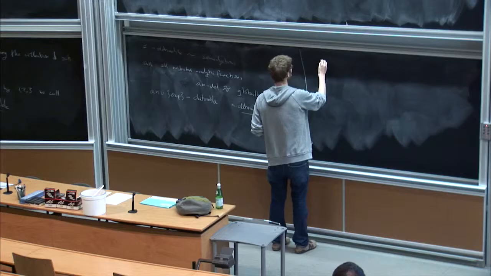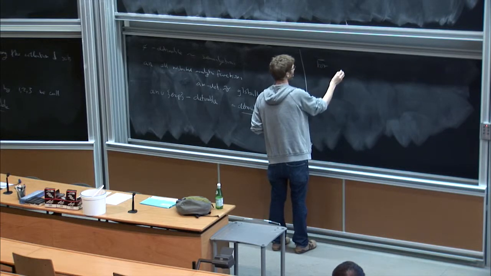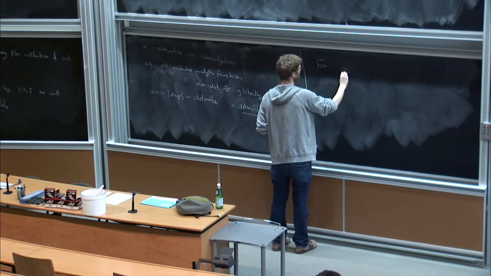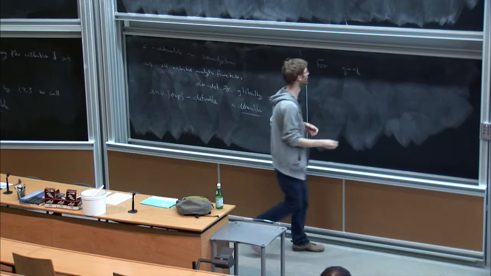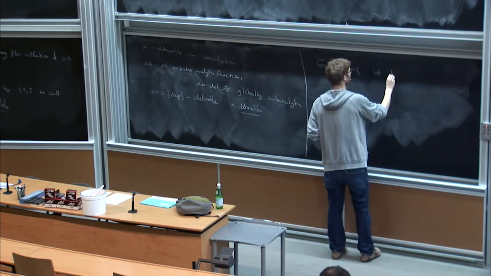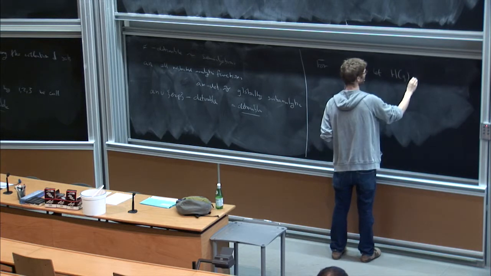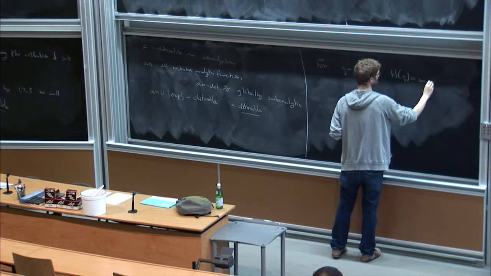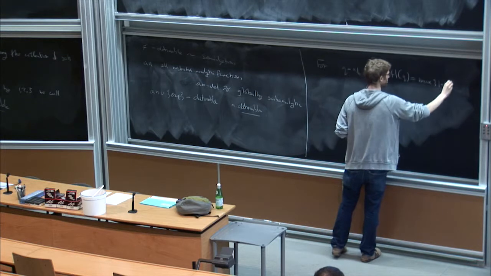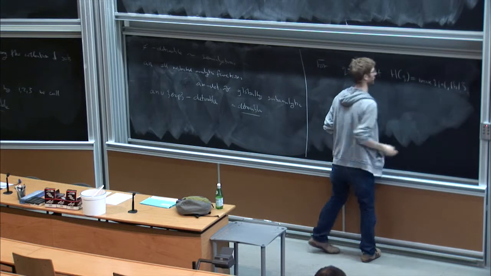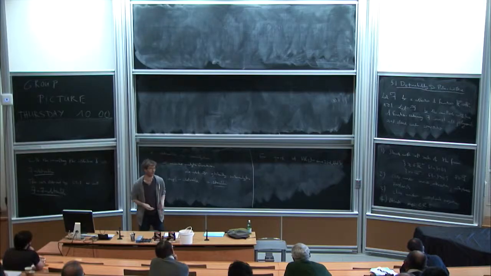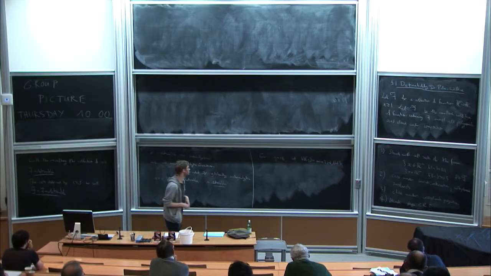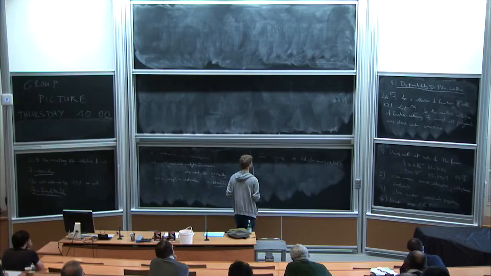So for a rational, Q equal to A over B in lowest terms, let the height of Q be the maximum of the absolute values of the integers.